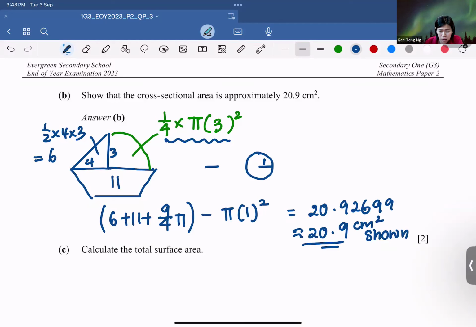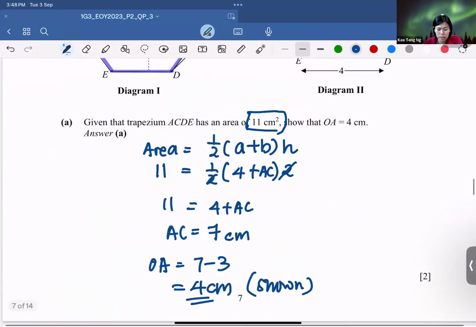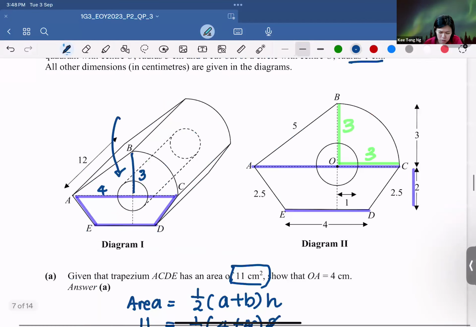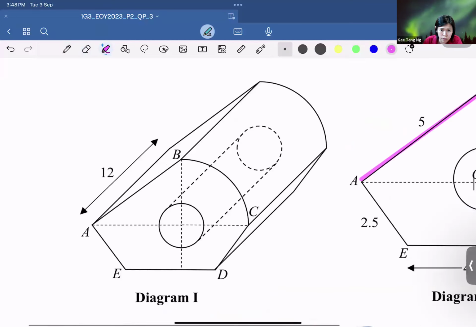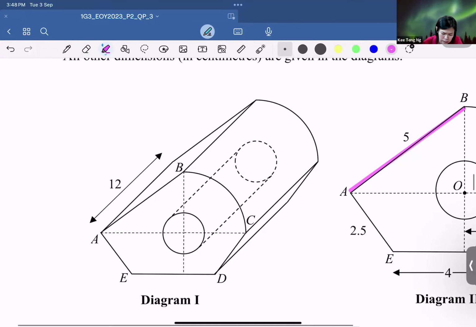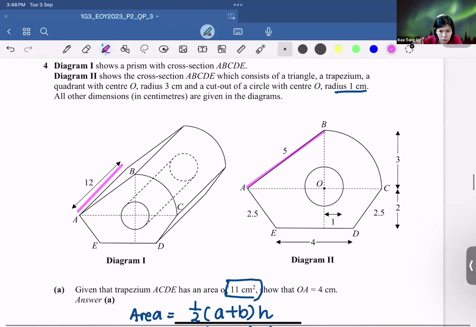Next up, we're going to calculate the total surface area. Allow me to repeat it section by section, portion by portion. Okay. I want to find the total surface area. First thing, when I observe this slanted portion, if I look at the whole shape over here, if I multiply by the length 12, it will become a rectangle. So this is actually 5 times 12.